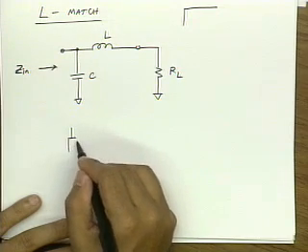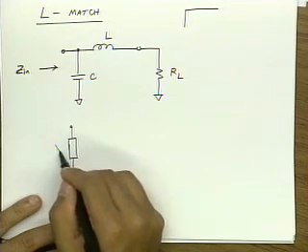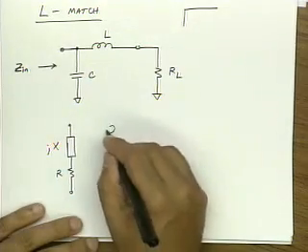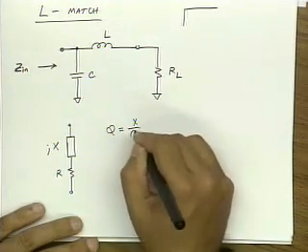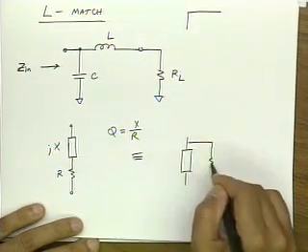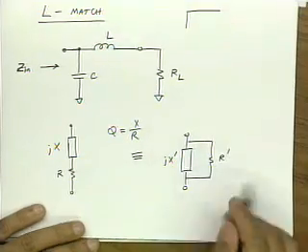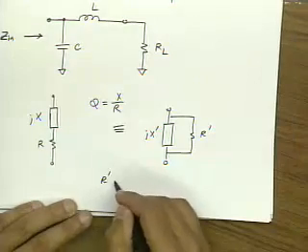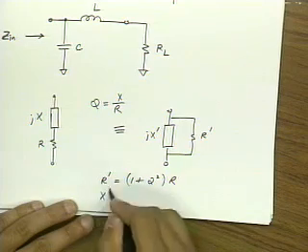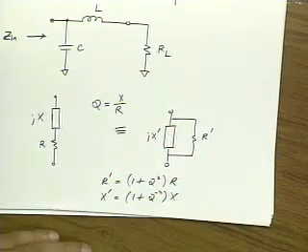Remember, we saw that at any given frequency, if we have a jX and an R, and we define the series Q as X over R, then this is equivalent to jX prime and R prime, where R prime is (1 plus Q squared) times R, and X prime is (1 plus Q to the minus 2) times X.